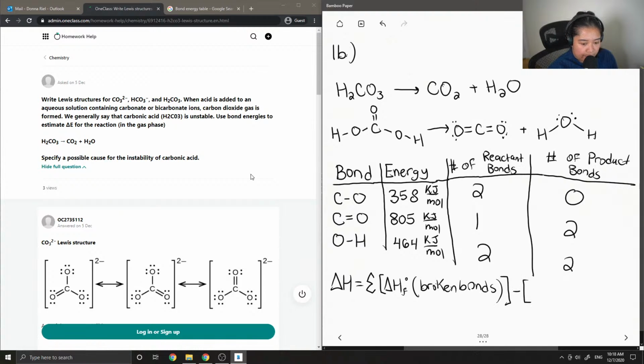And this will be minus the sum of the delta H of formation of all of the formed bonds. So all of the bonds needed to be formed in the products.